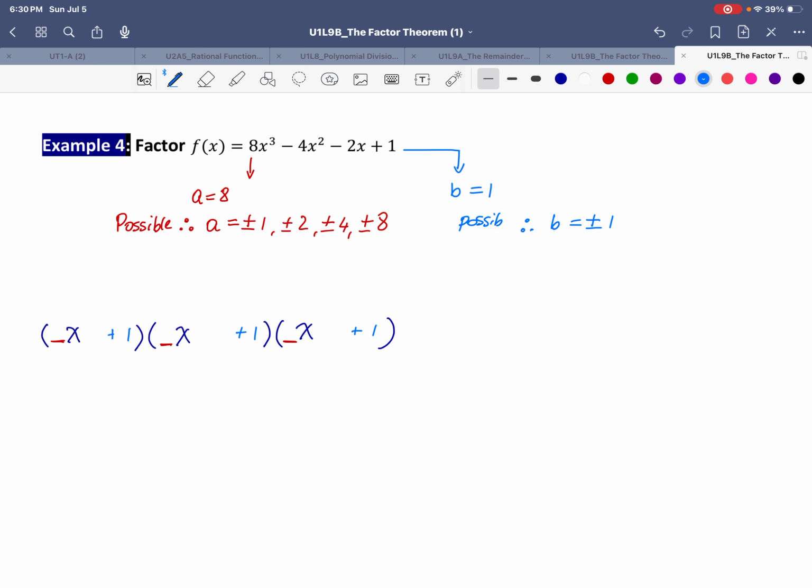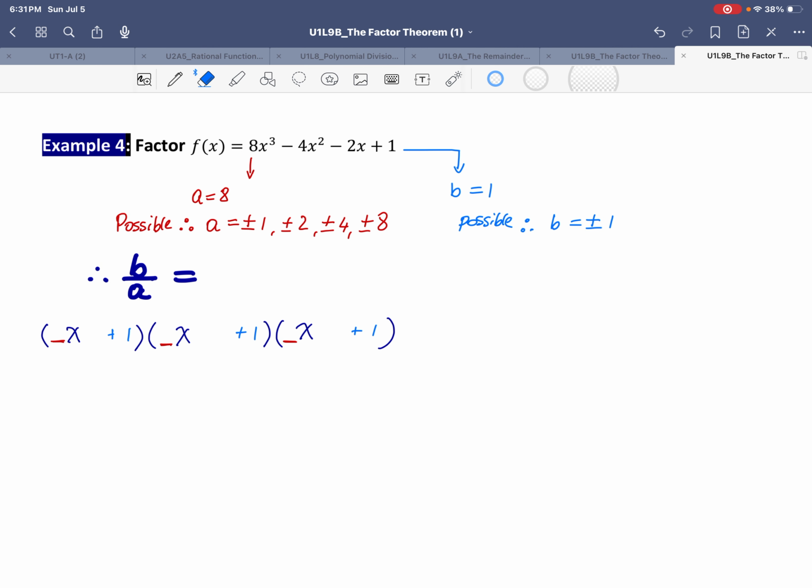And we're going to say that the possible values of b over a would be, we're going to start off with the first value of b and divide it by every term a.